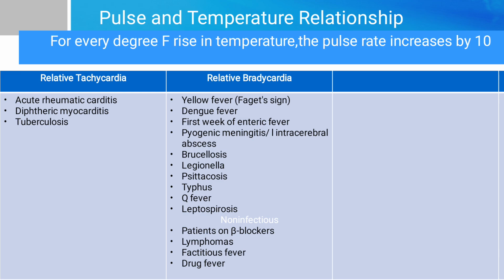Patients on beta blockers can have relative bradycardia. Other non-infectious causes of relative bradycardia are lymphoma, factitious fever, and drug fever.